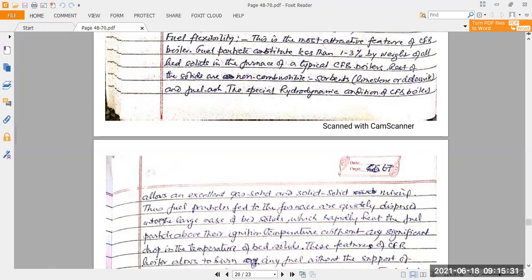So you see, what you are injecting inside the furnace is the fuel itself. When it is dispersed into the large mass of bed solids, which contains ash and sorbents, it is rapidly heated within moments and burns to create the flame.